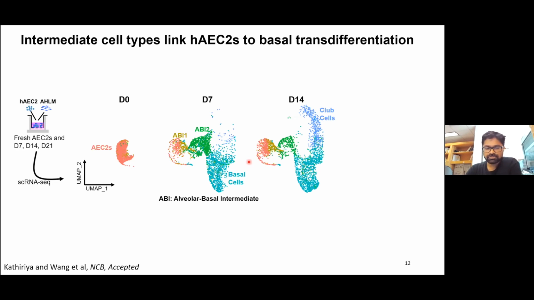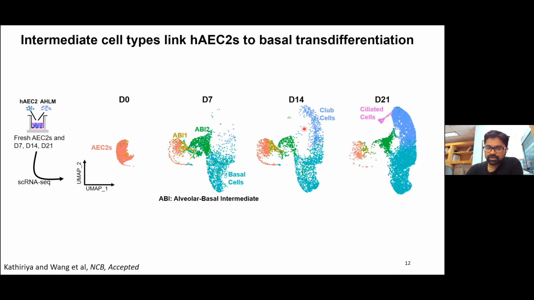At day 14 into the system, we now see emergence of club cells in vitro. And by day 21 into this culture system, we see emergence of ciliated cells as well. So over a period of 21 days in vitro, we see a repertoire of all the different cell types that we can find in the airway, and most of them are linked between type 2 cells and these airway cells via these intermediate cells.